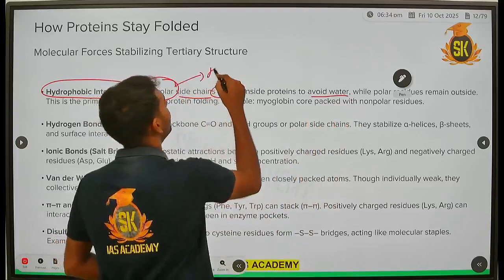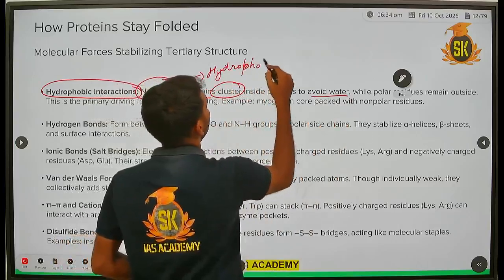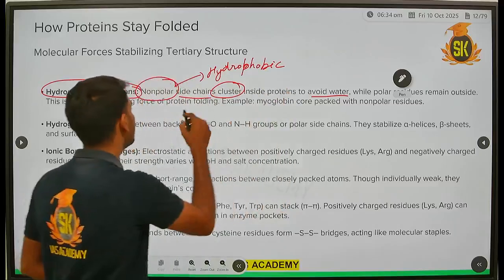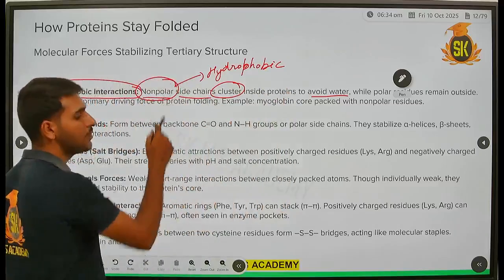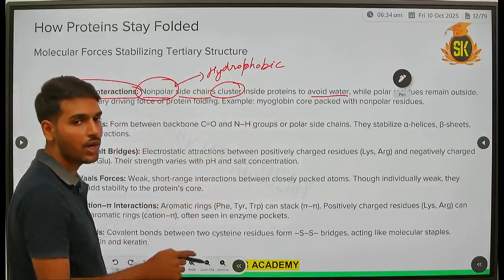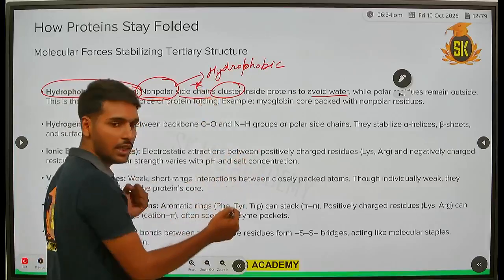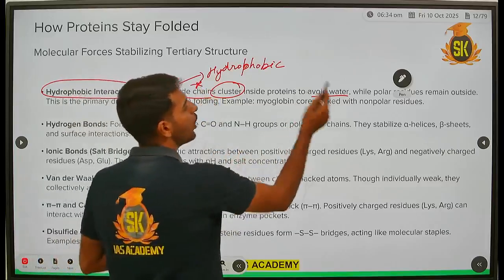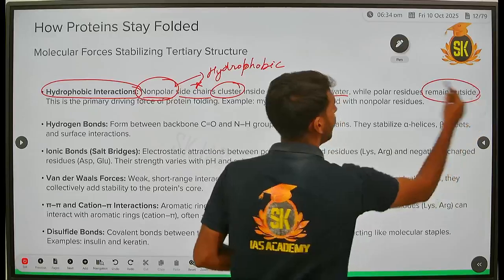Because they are hydrophobic in nature, and that is the reason they are considered to be non-polar too. Non-polar side chain means the R groups, cluster within the groups and avoid water, while the polar residues remain outside.